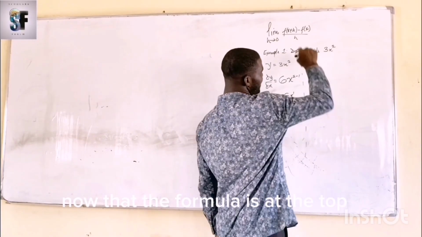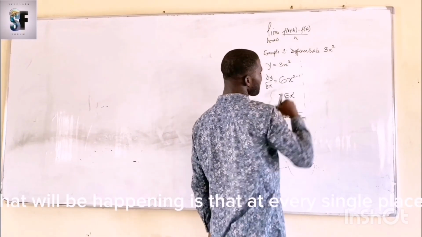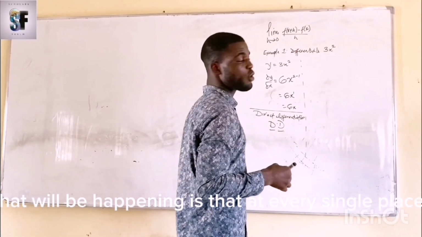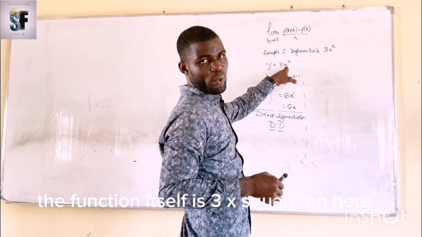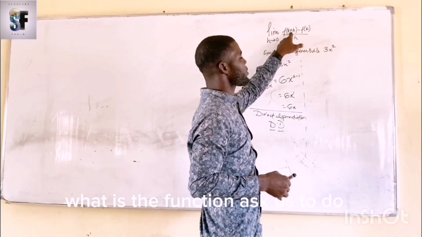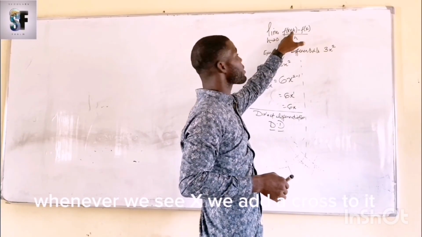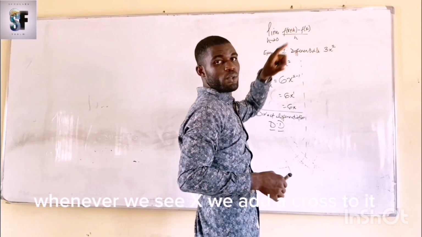Now, like the formula at the top, at every single place, the function itself is 3x squared. But here, what does the function ask us to do? Whenever we see x, we add a plus h.